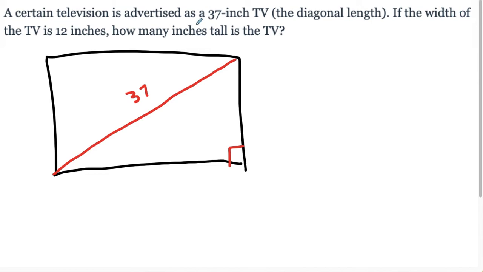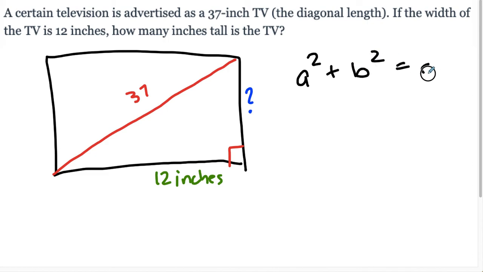And then the width of the TV is 12 inches, so it's talking about how wide it is. So this is 12 inches. And then it asks how many inches tall is the TV? So what is the height of this? Again, same idea. This is a right triangle in which two sides are given to us, so we can use a squared plus b squared equals c squared.